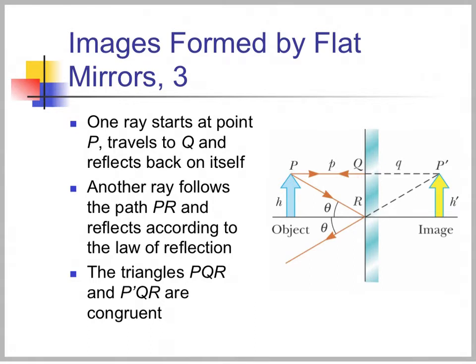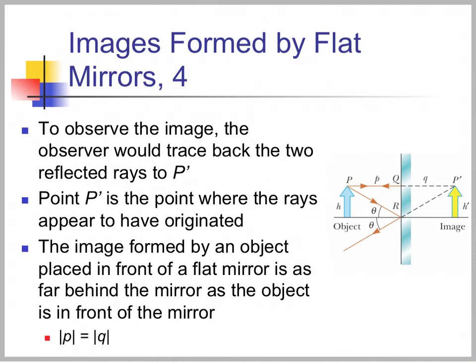The other ray follows a path from P to another point on the mirror, and as it's reflected away, it appears to come from this point. So the triangles PQR and P'QR are congruent. To observe the image, the observer would trace back the two reflected rays to point P'. So point P' is the point where the rays appear to have originated from.